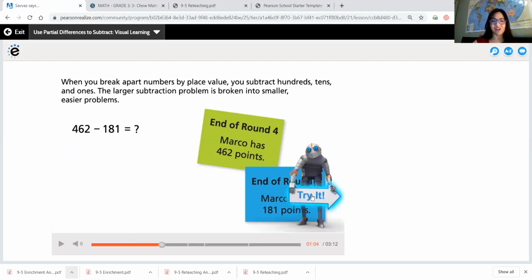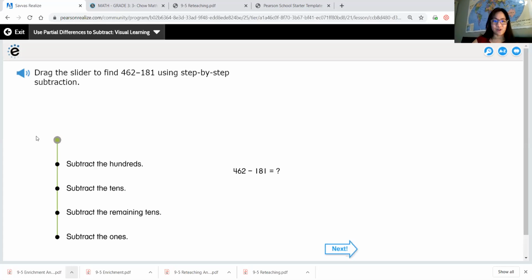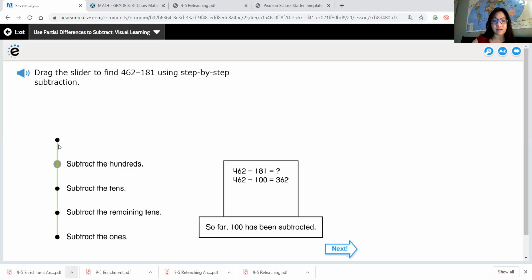All right, let's try this. So, step by step. Same problem, 462 minus 181. First step, subtract the hundreds. Okay, so rather than starting from right to left and subtracting the ones and seeing if we need to regroup to subtract the tens and so on, we're just trying a different strategy.